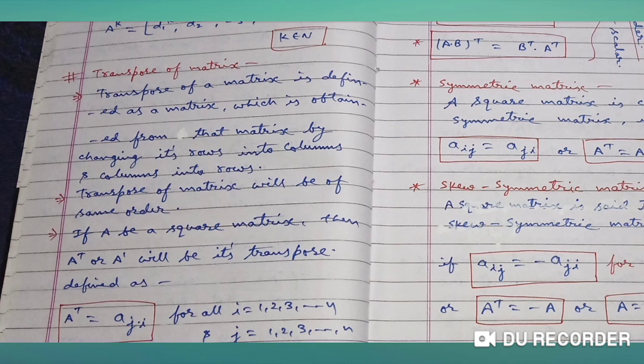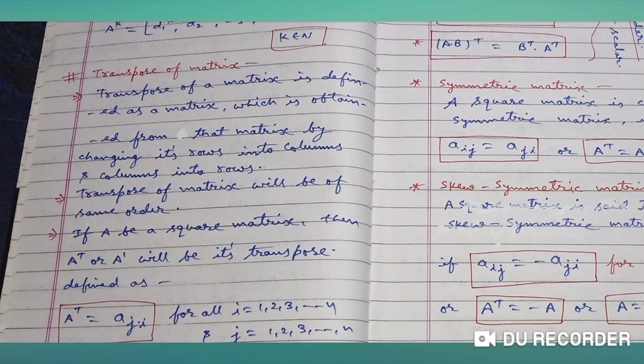And what is the operation? The operation is just interchanging the rows into columns. So what we have to do is make the first column of the given matrix A the first row, the second row will be made the second column, the third row will be made the third column.